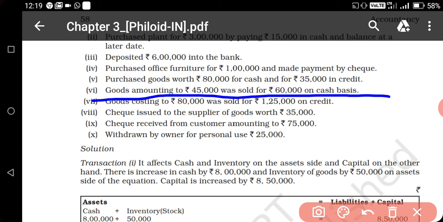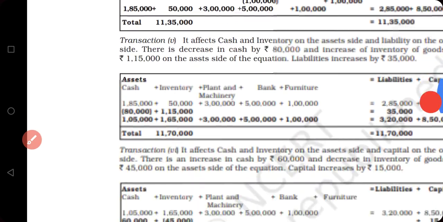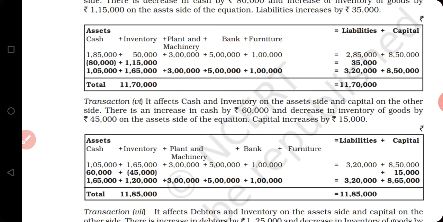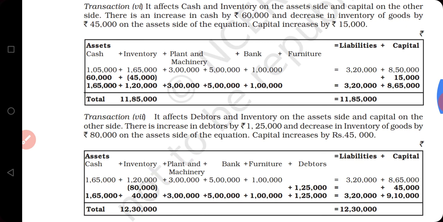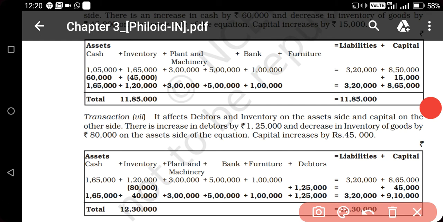So let's see what will be transaction number 6. See, our cost of inventory is 45,000, which is indicating here 45,000 is the cost of the goods we have sold.